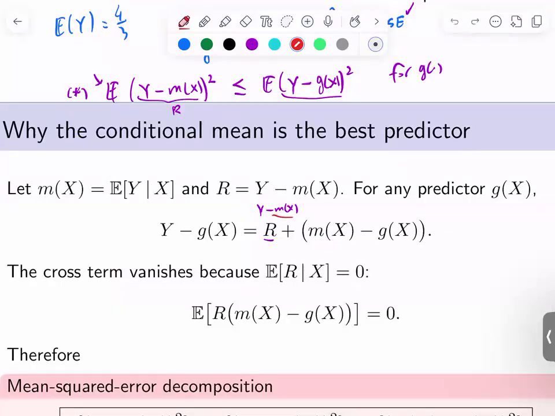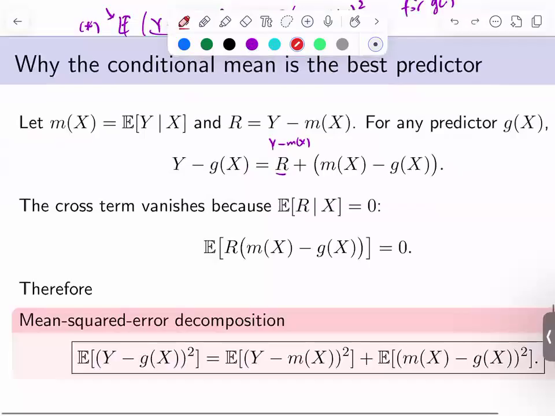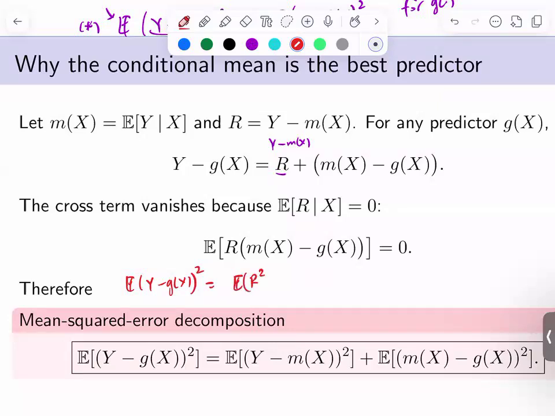Now, if I square both sides, you can look at the expectation of (y minus g of x) squared. I get three terms: the expectation of r squared, plus twice, using linearity of expectation, the expectation of r times (m of x minus g of x).